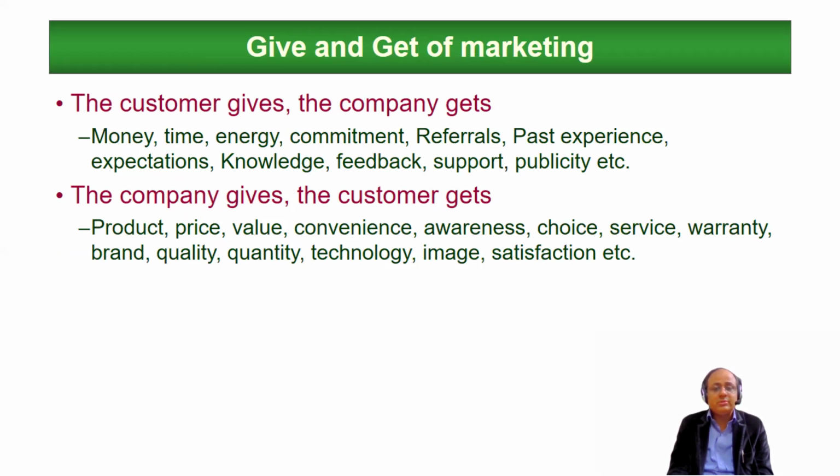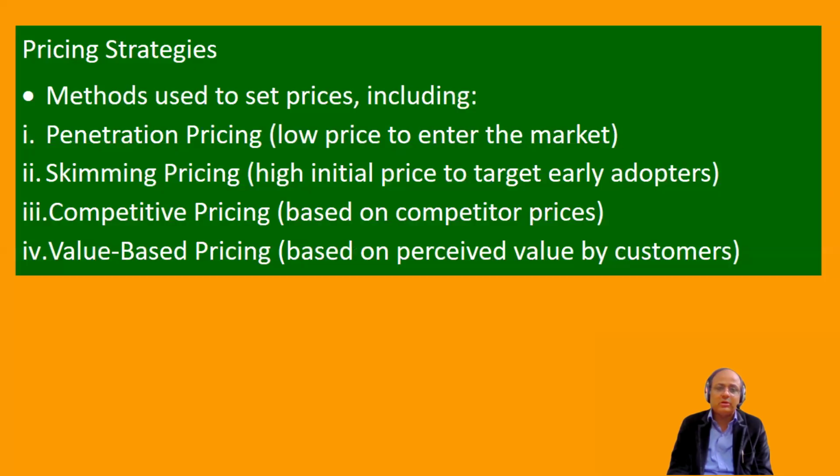They create awareness in the market. They offer various choices to the customers. They offer service, warranty, and guarantee as an augmented level of product. They offer you a brand, which is a promise of good quality. They offer you quantity-based discounts. They help you out through technology. They give you a good image. And at the end of the day, through their performance, they provide you satisfaction in the market. So this is all about the give and get of marketing.